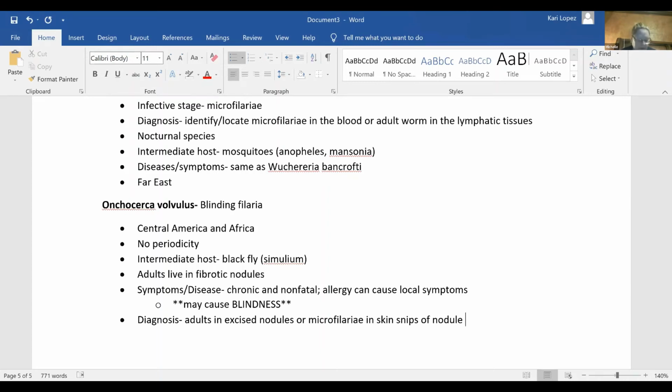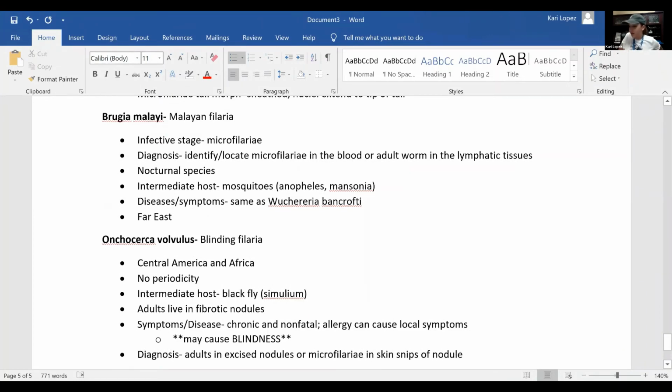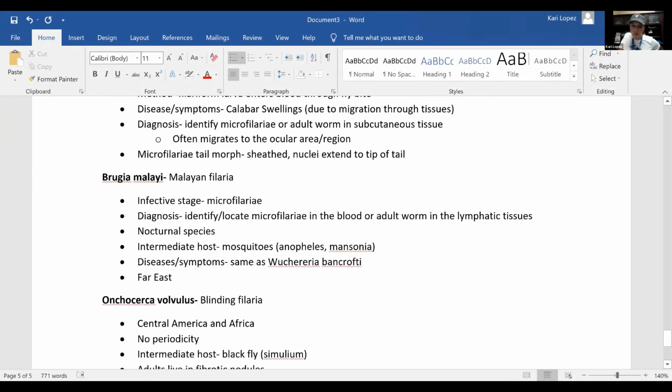All right, and what does the tail look like on this one? That's what I was just looking at. I'm not seeing it for your Onchocerca because you're probably not looking for it where the other ones are found as well.